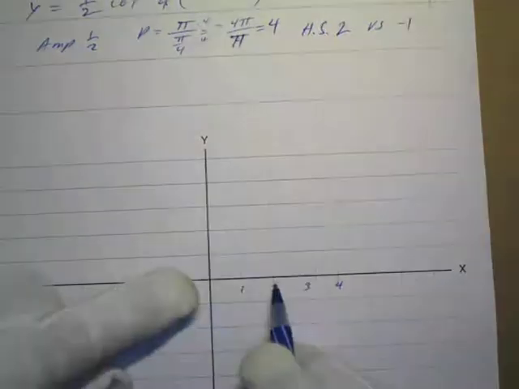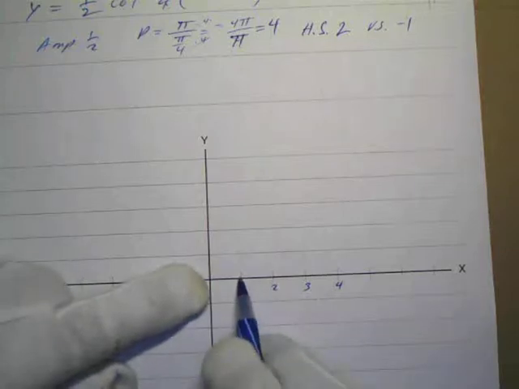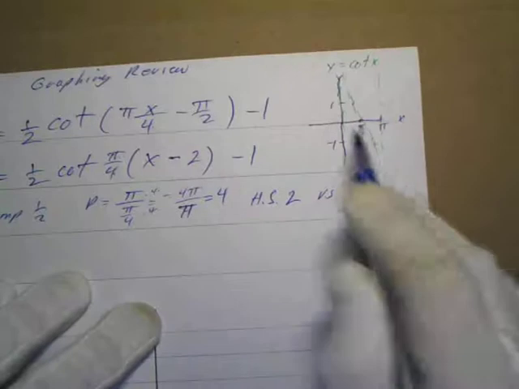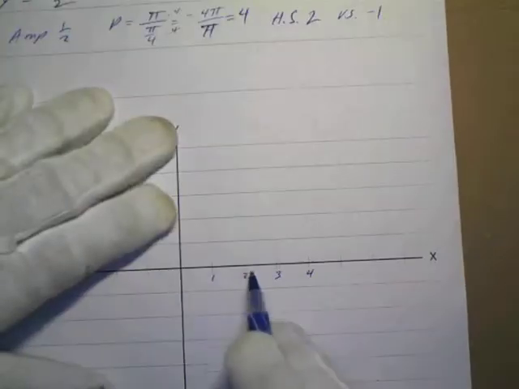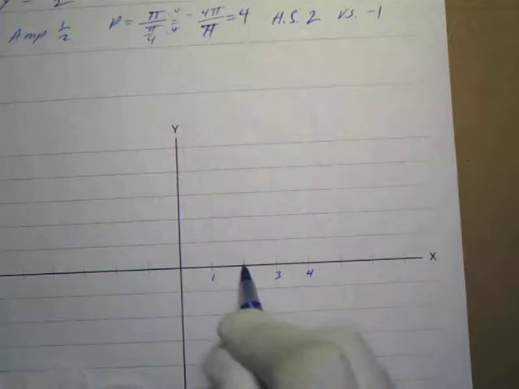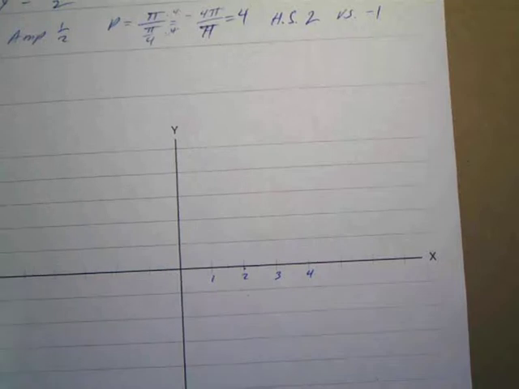So remember, normally it's like this. The period's 4, the zero's in the middle. You look over here, the period's pi, the zero's in the middle. So you know the zero's going to be right here. You can always put the values in. So the zero's going to be here, except I've got a shift of negative 1, so I'm going to bring it down here.